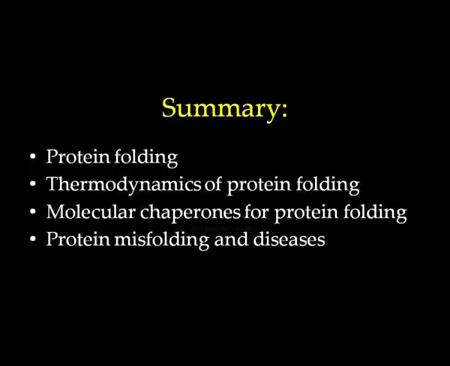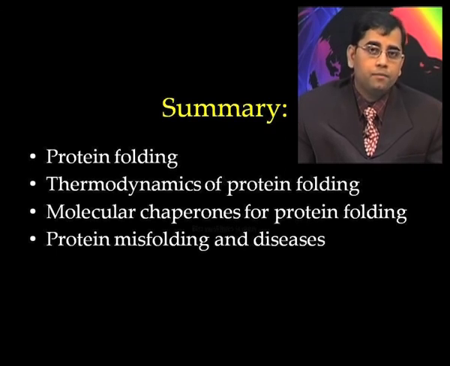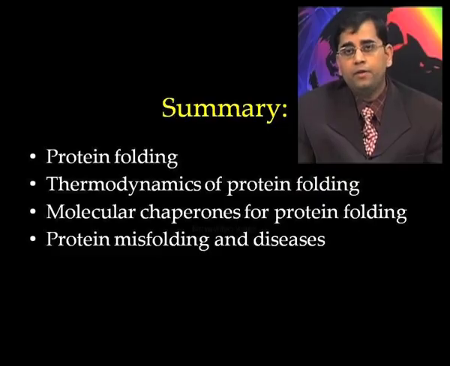So, in summary, we talked about protein folding and how various polar and non-polar side chains restrict and govern the process of protein folding. We then looked at the thermodynamics of protein folding, albeit very briefly.